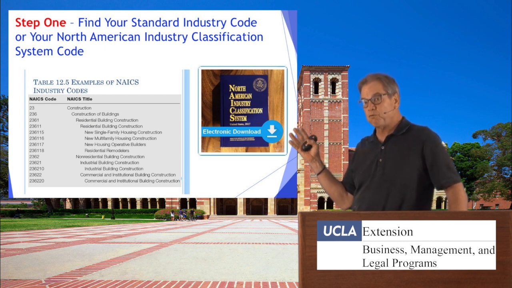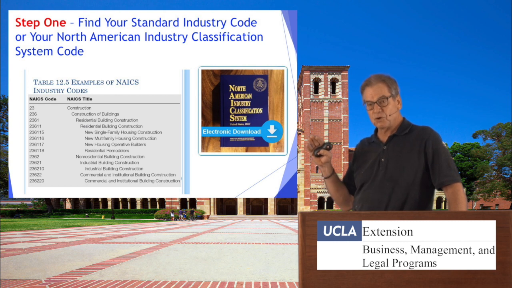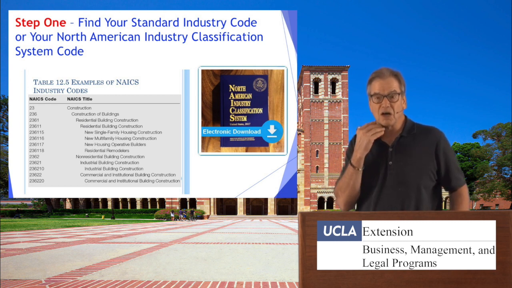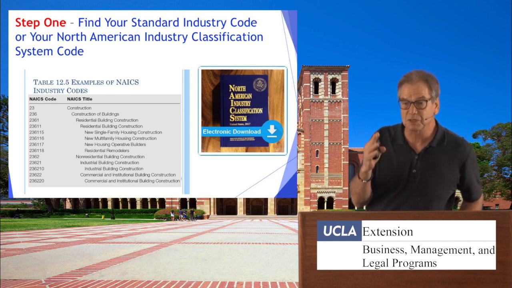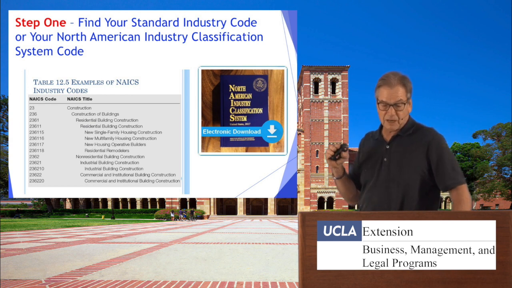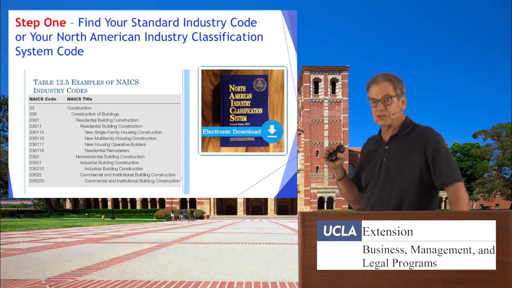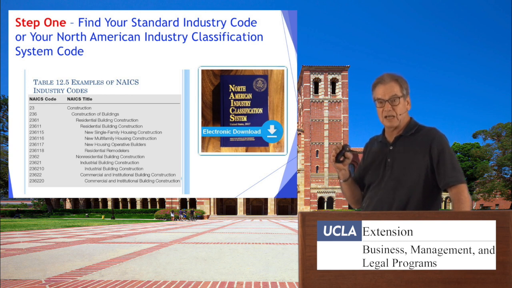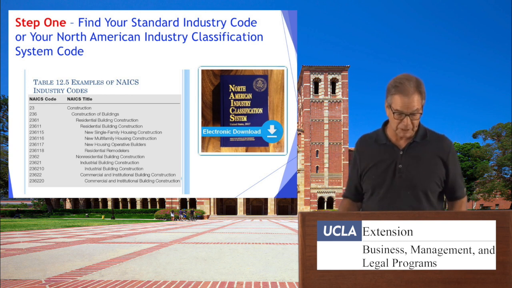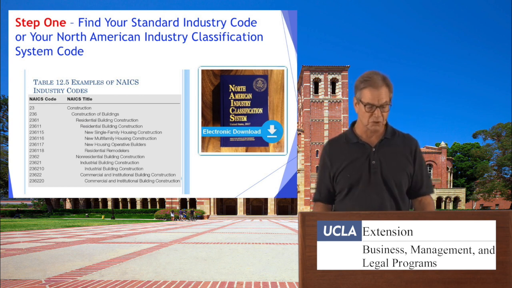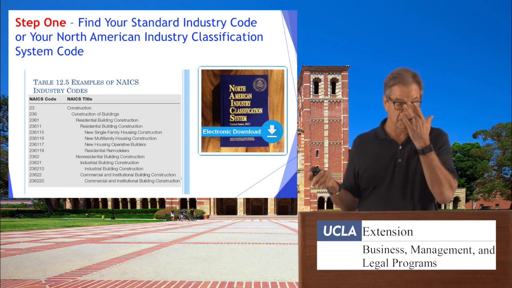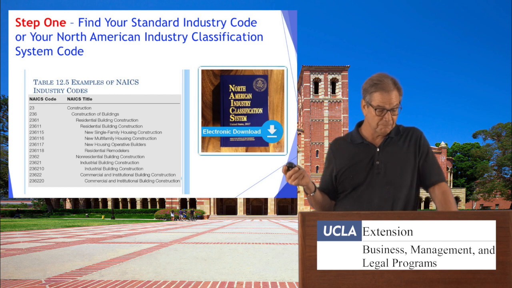We can't go forward without this number because this is the number we use to find out the total gross domestic product, the amount of millions and billions of dollars that your industry produces at a state level and a national level on an annual basis, which is pretty important to have established in your industry analysis.